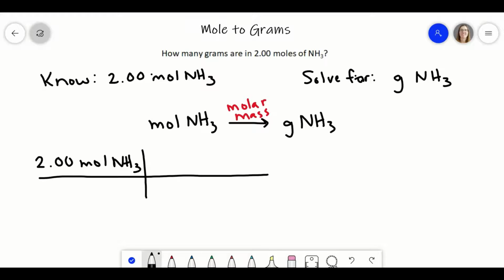Next, I'm going to use the molar mass to get to units of grams of NH3. Molar mass has units of grams over moles. And for NH3 ammonia, that value is 17.03 grams of NH3 in 1 mole of NH3.